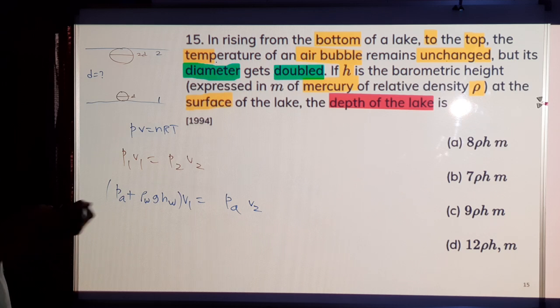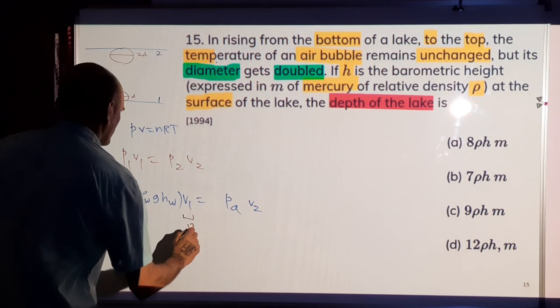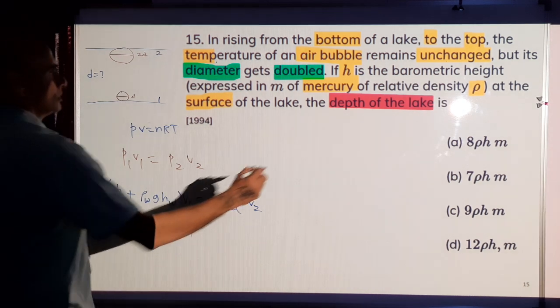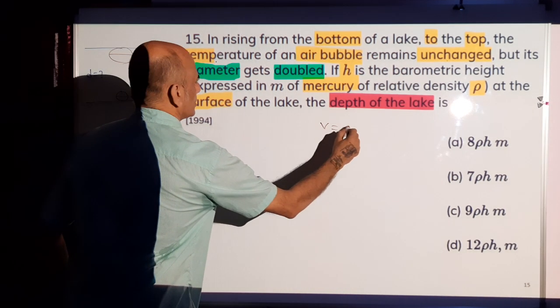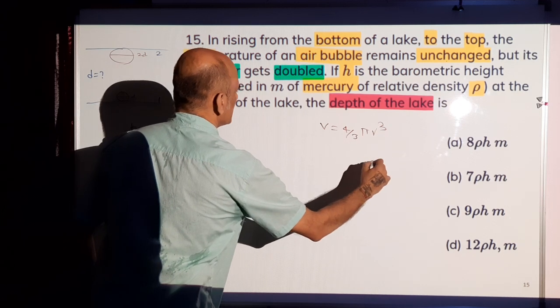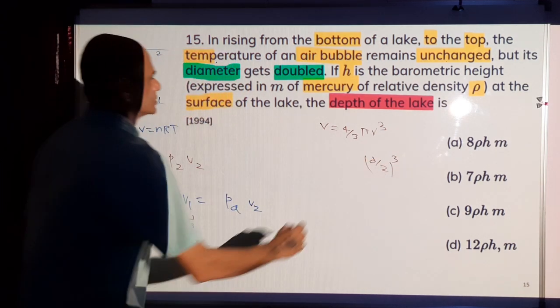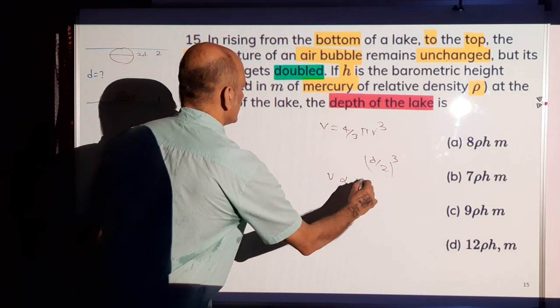And volume is proportional to diameter cube, d1 cube. Volume of sphere is 4 by 3 pi r cube, and r is d by 2. So volume is proportional to cube of the diameter.